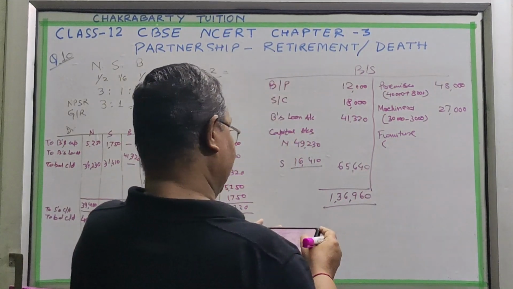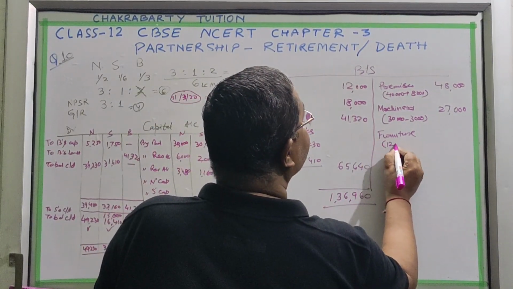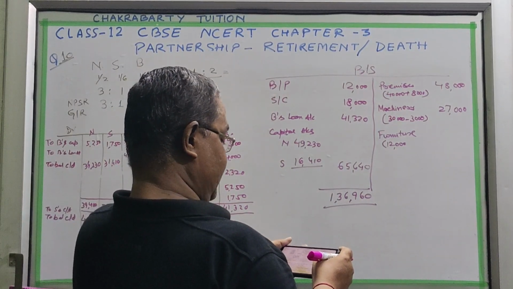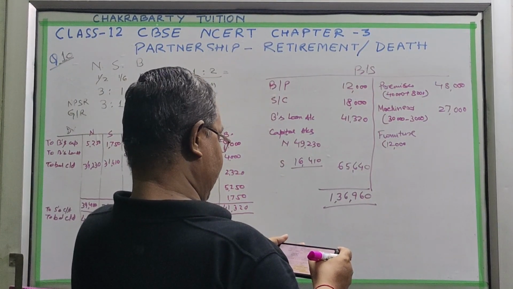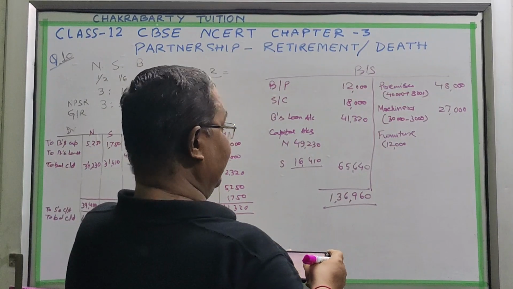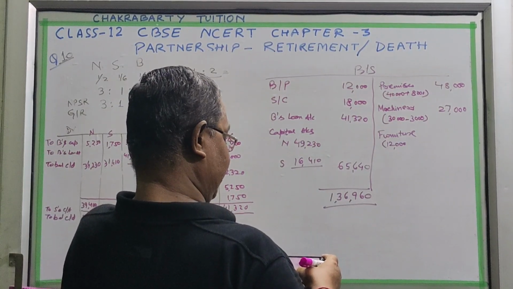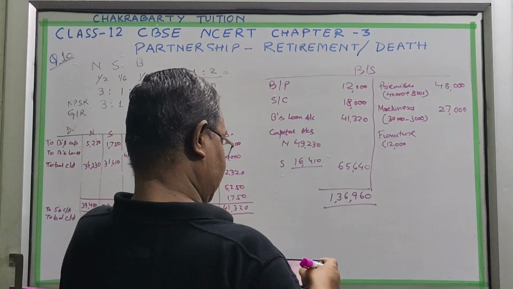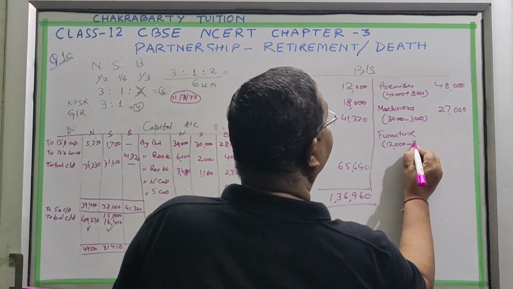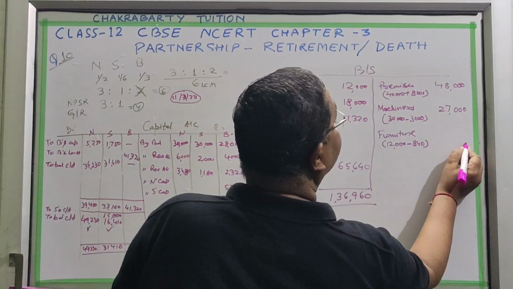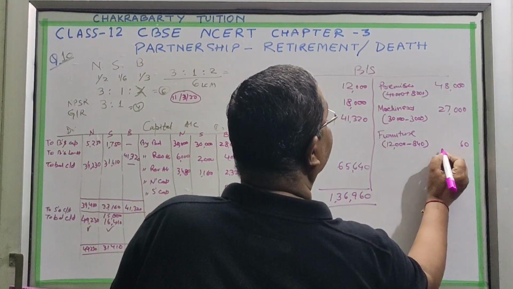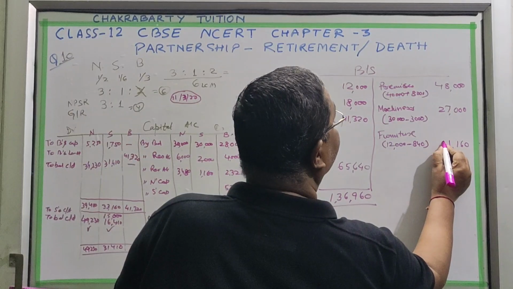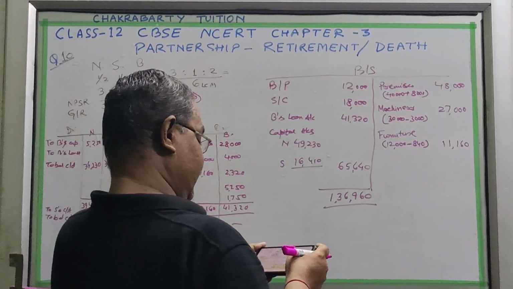Furniture was 12,000 and we have depreciated furniture by 7%, 840. Okay, furniture is depreciated.